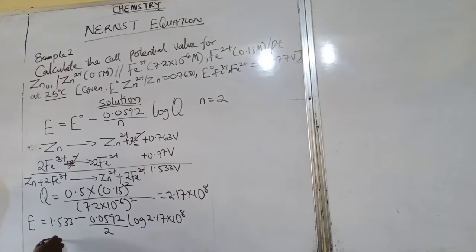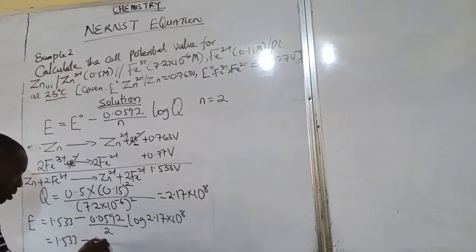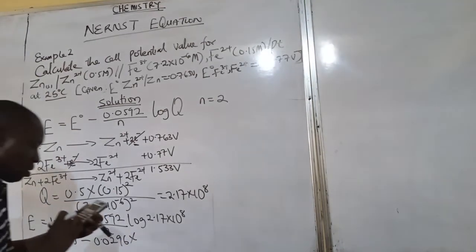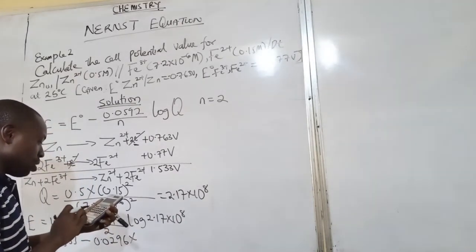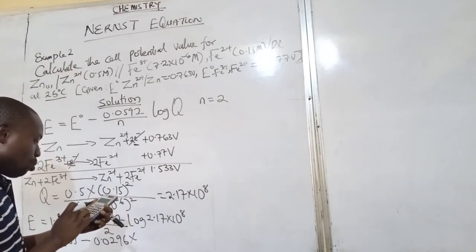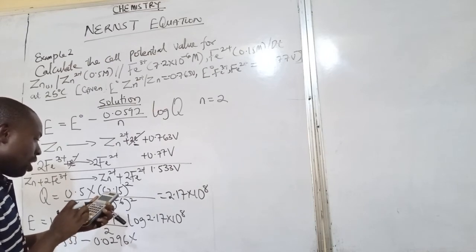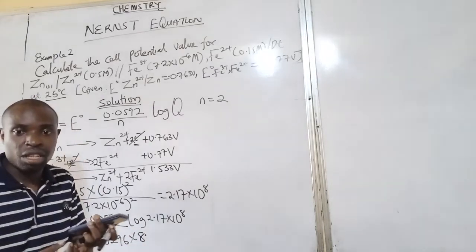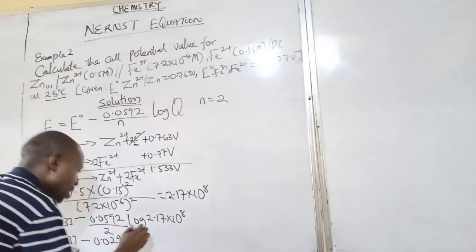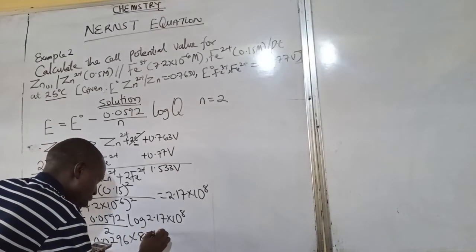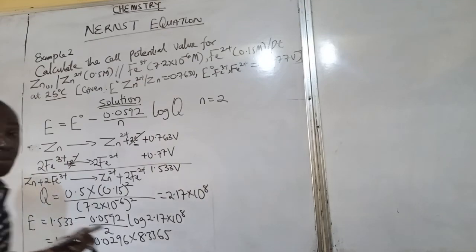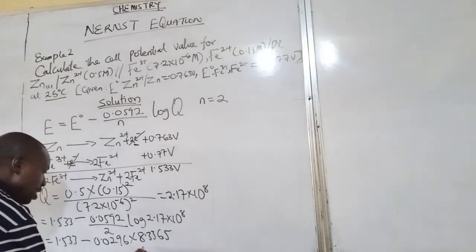So here becomes 1.533 minus, dividing this, we have 0.0296 times the log of 2.17 times 10 to the 8, which should give me 8.3365.